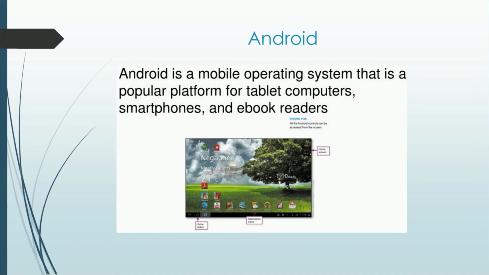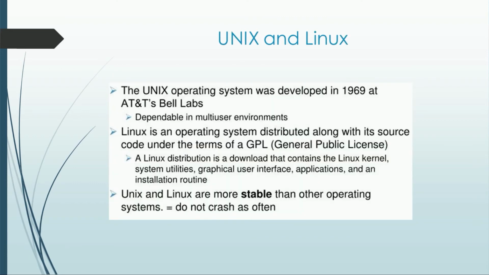So I want to tell you now about Android. It's a mobile operation system that is a popular platform for tablet computers, smartphones, and e-book readers. Unix and Linux: what is the difference between Linux and Unix?